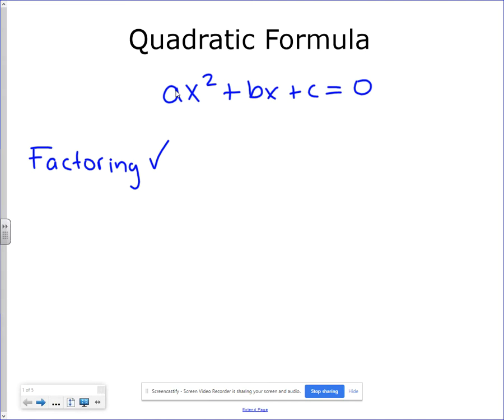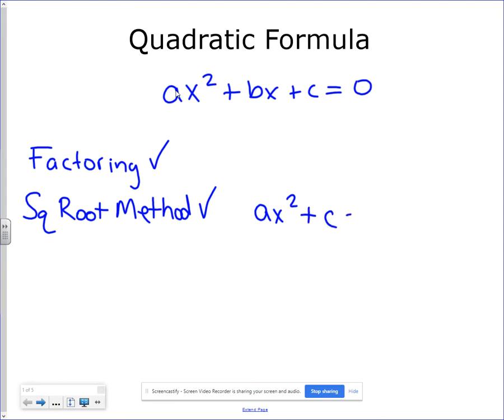The second method that we used was the square root method. And this method doesn't always work either. You can only use the square root method when you have a quadratic equation in this form, when it only has a quadratic term, when it doesn't have a linear term, when it doesn't have the bx term. So that doesn't always work.